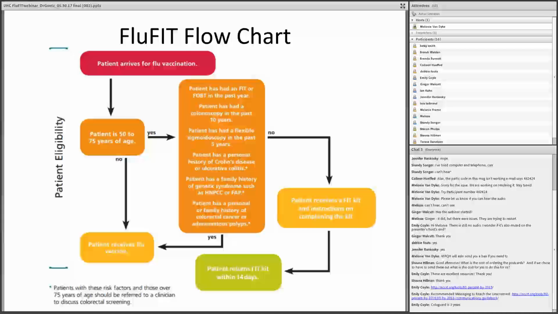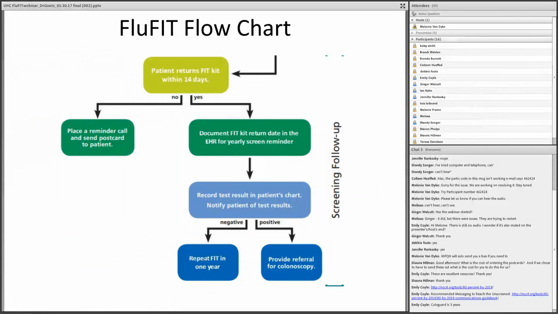This is your FluFIT flowchart for a flu shot clinic. It basically does the algorithm that we've already discussed, figuring out which patients are excluded from the FIT test because they've already been screened, and then it walks them through the process. So, next.